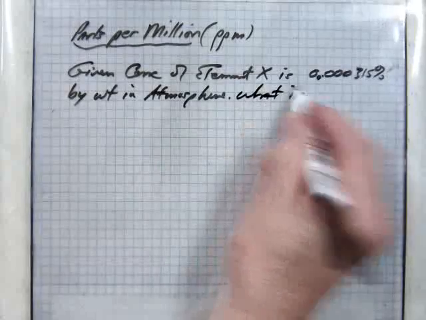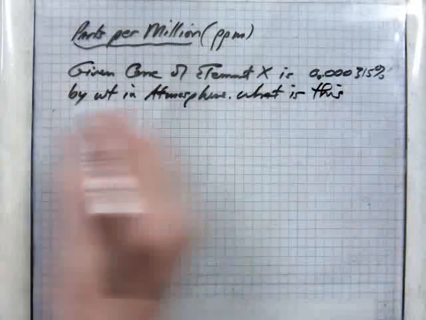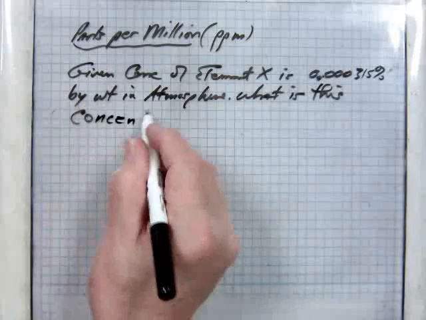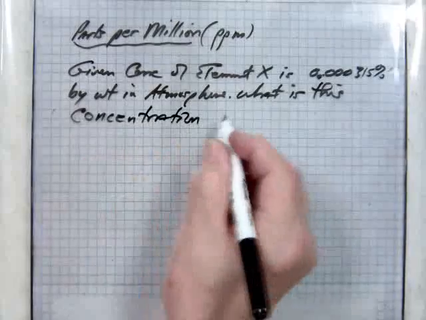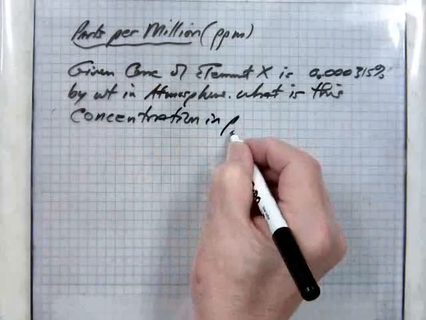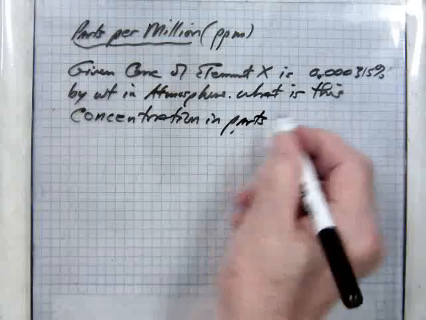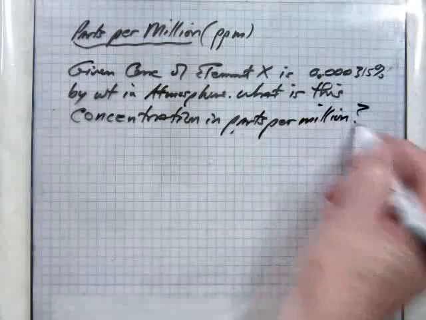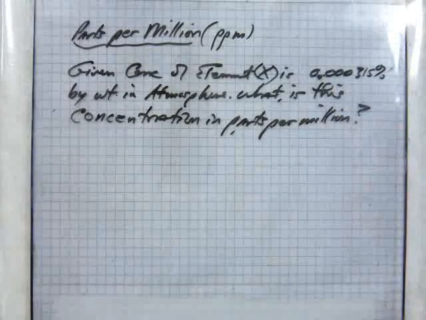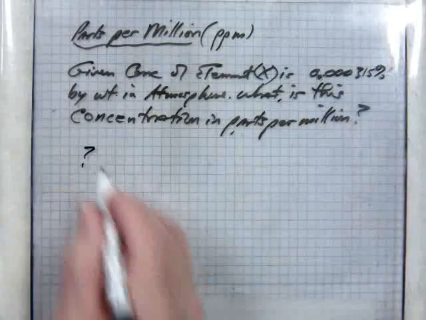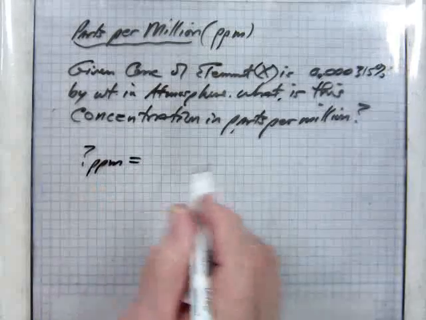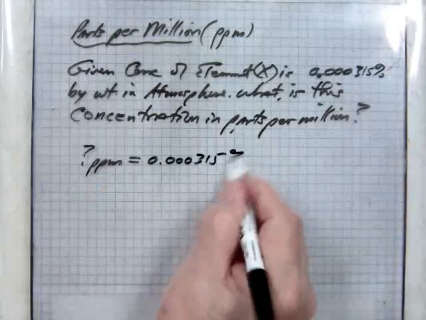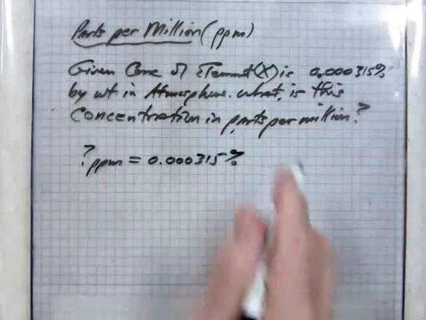What is this concentration in parts per million? Basically, how many parts per million equals whatever this 0.000315% is. Okay? Well, what does this mean?